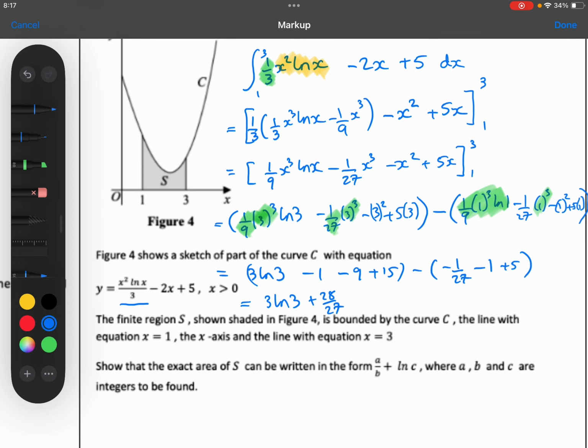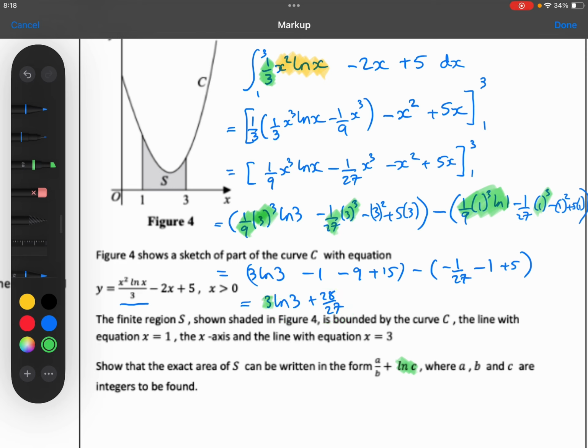The only other thing I need to do, just comparing what I've got here to what I need for my answer here, I can see that the A is 28, the B is 27, but I've got 3 ln 3, and I need it to just be ln c. So I'm just going to use the laws of logarithms here to adjust my answer.